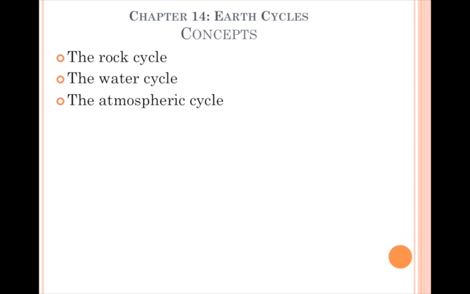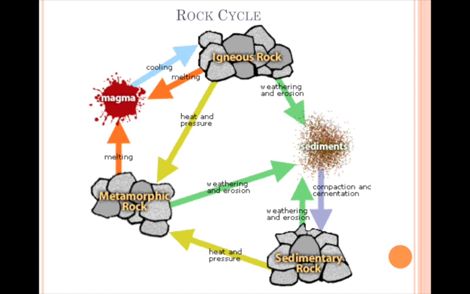Chapter 14, Earth Cycles. Concepts from this chapter include the rock cycle, the water cycle, and the atmospheric cycle of Earth. The rock cycle is a system of change that occurs in Earth matter. Igneous rock can change into sedimentary rock or into metamorphic rock.